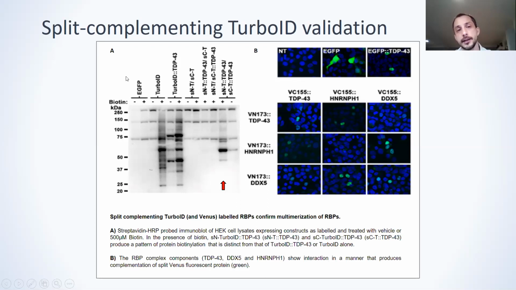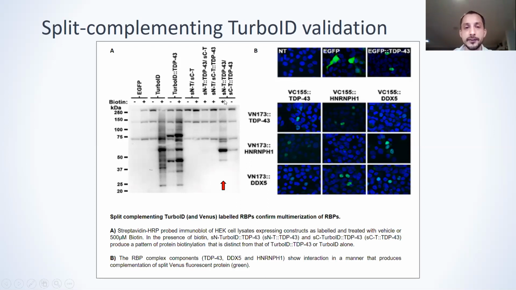And then you can split TurboID. So this is work by Alice Ting. She's very kindly shared the constructs with us. You can split the TurboID into an N-terminal and a C-terminal region, which by themselves don't really have any effect until you fuse them to TDP43. When you fuse them to TDP43, they have to wait until TDP43 dimerizes for split complementation of the TurboID portions.